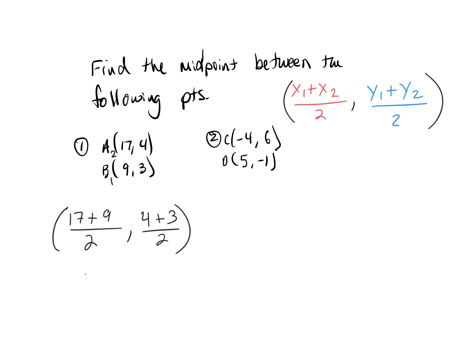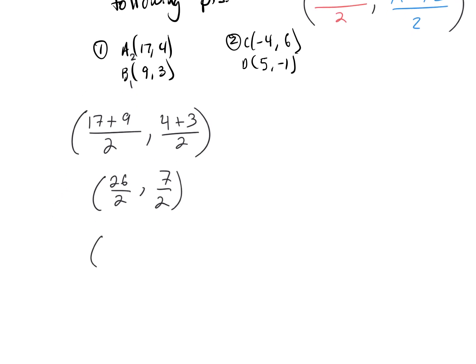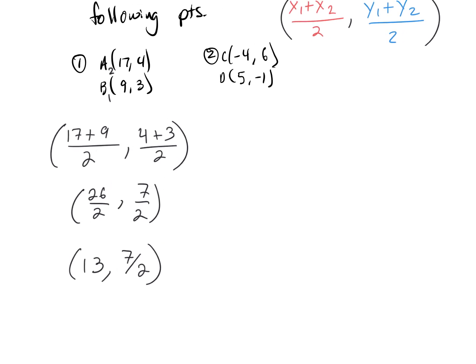So that's going to give me 26 over 2, comma, 7 over 2. Now 26 over 2 becomes 13. And I'm just going to leave 7 over 2 the way it is because I don't want a decimal. I'd rather leave it as a fraction. And that would be your final answer.